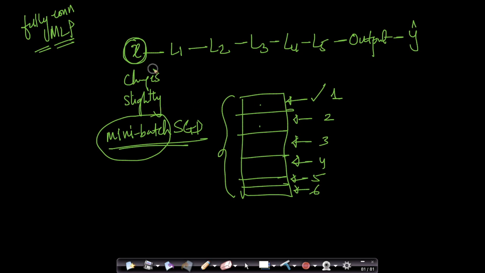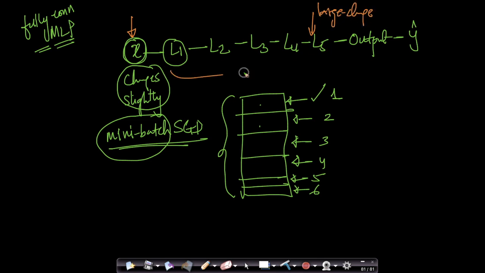So if my input even changes slightly, because I have a lot of layers, and each layer is doing some multiplications, additions, and transformations, a small change in the input can lead to a large change in the later layers, especially if you have a deep neural network.